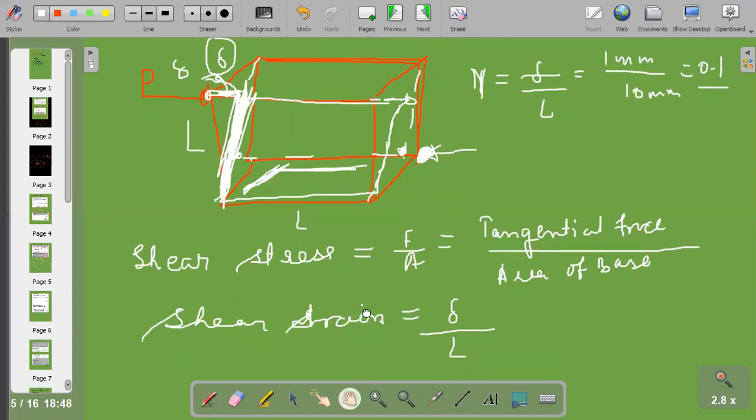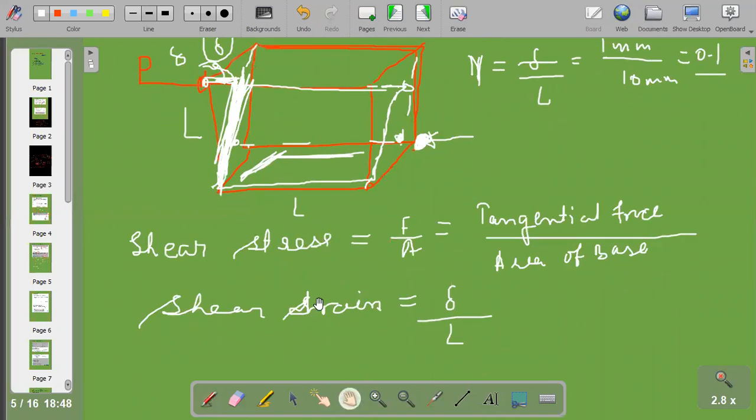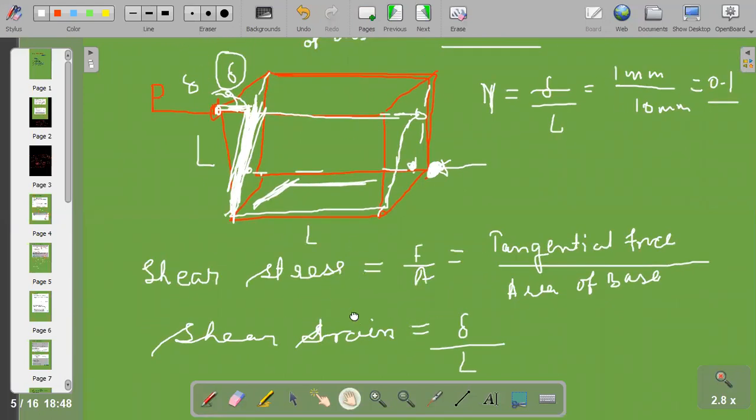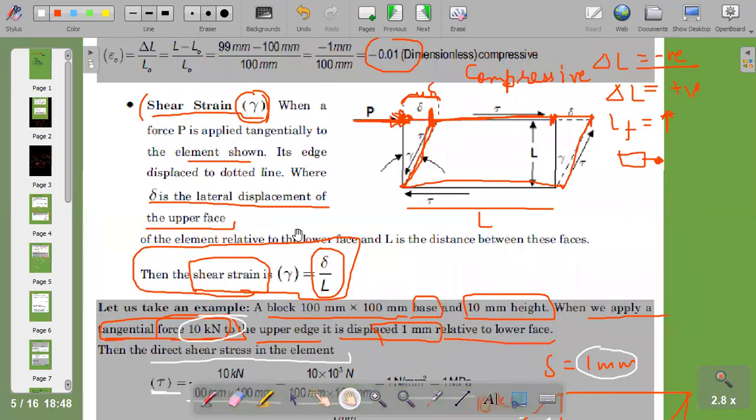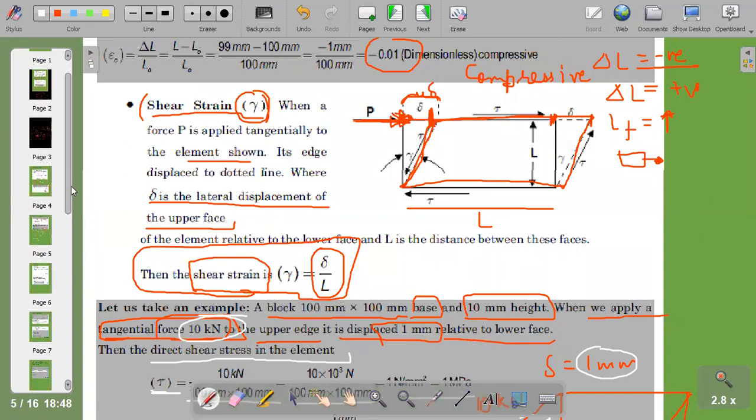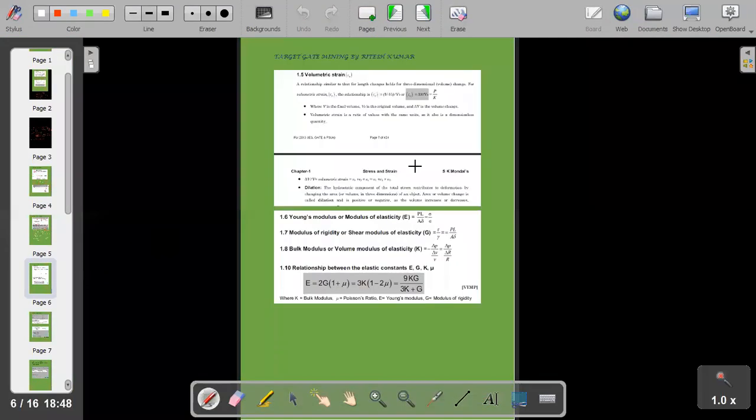Any doubt? After the class, please try to solve each example, and theory is also given for each type of stress and strain, so try to study the theory also.